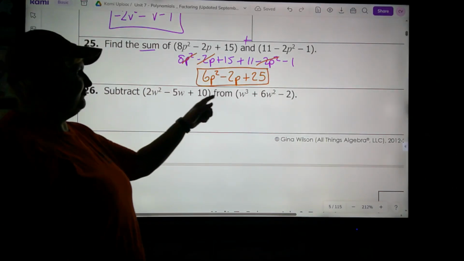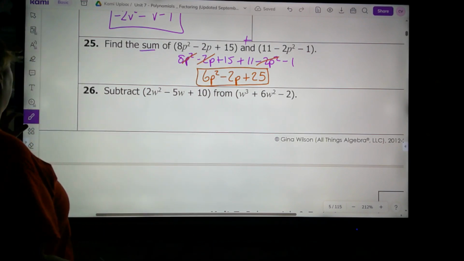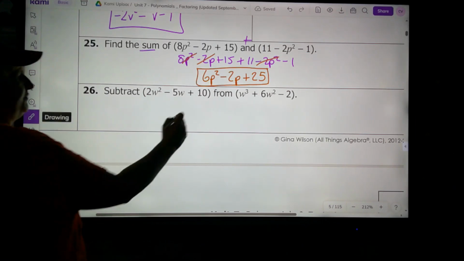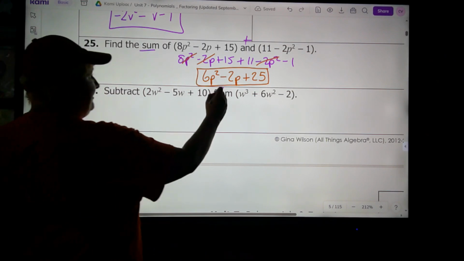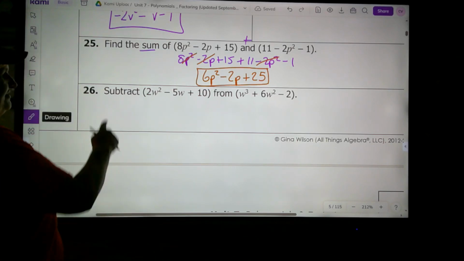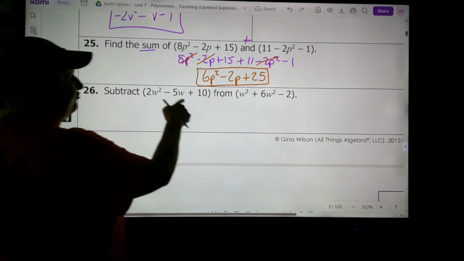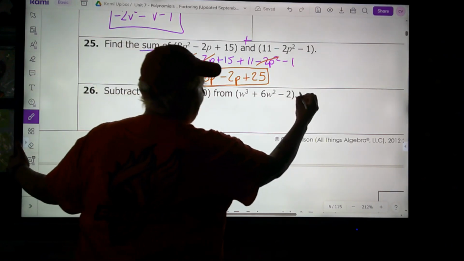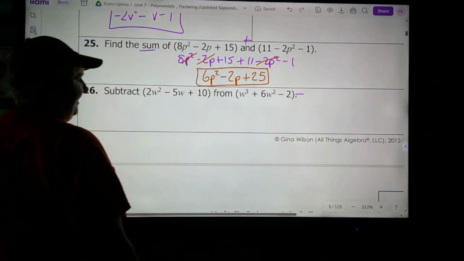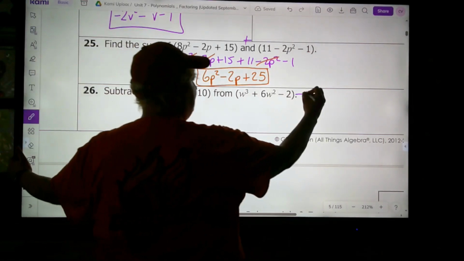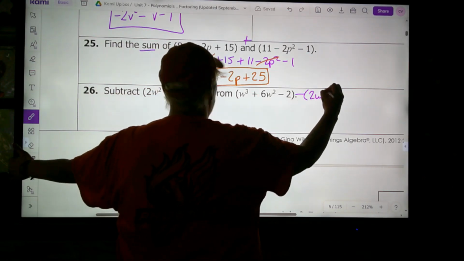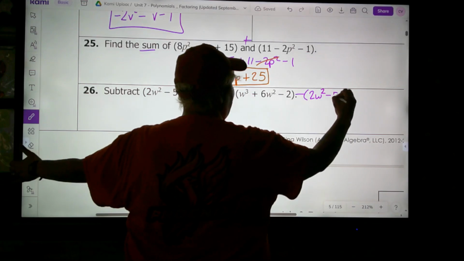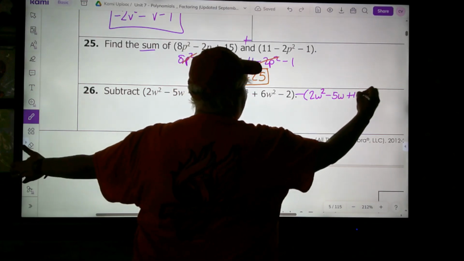Subtract blank from blank. Be very careful here. You're going to want to just put a negative sign here. But that's not what it says to do. It says to subtract this from this. So it needs to be a negative sign, and this needs to come over here. 2w cubed, 2w squared minus 5w plus 10.